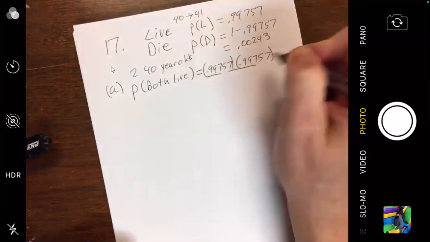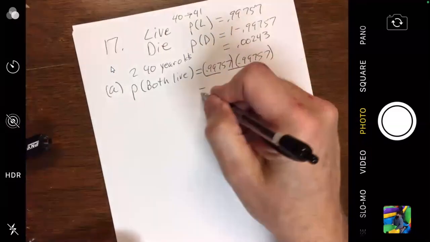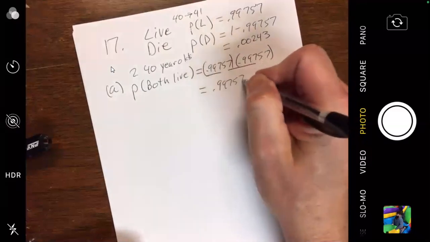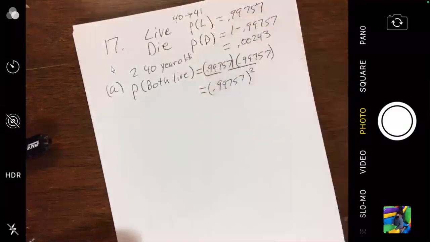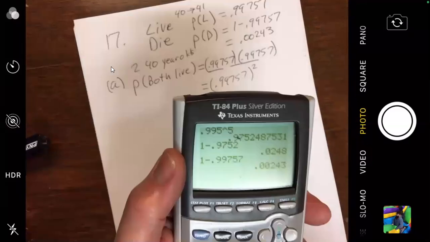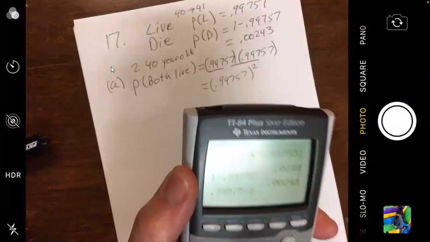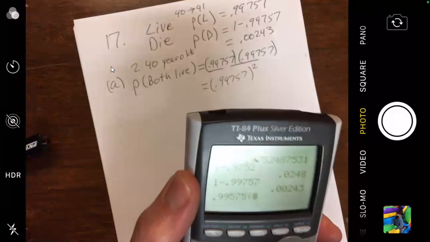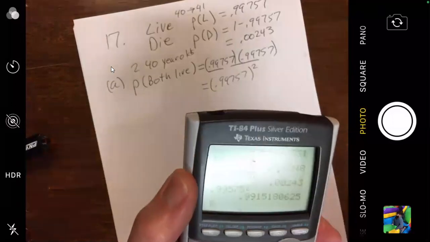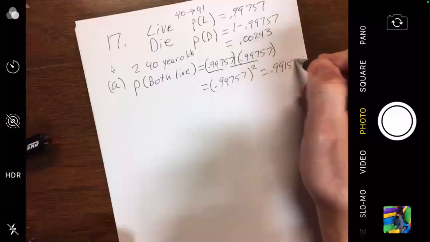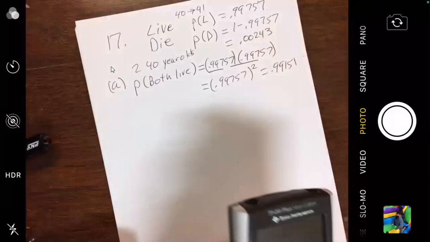You can multiply all those digits out, or you could shorten it up and go 0.99757 to the second power, squared. That gives 0.99151. 99% chance.